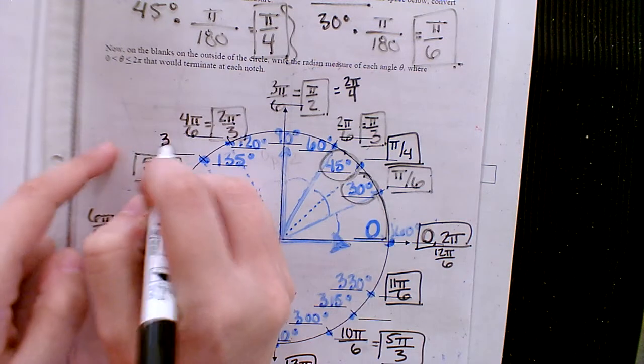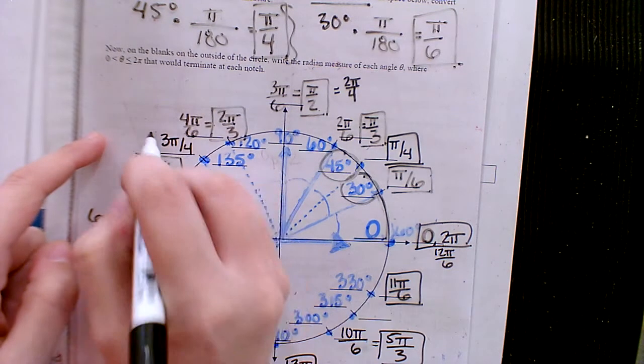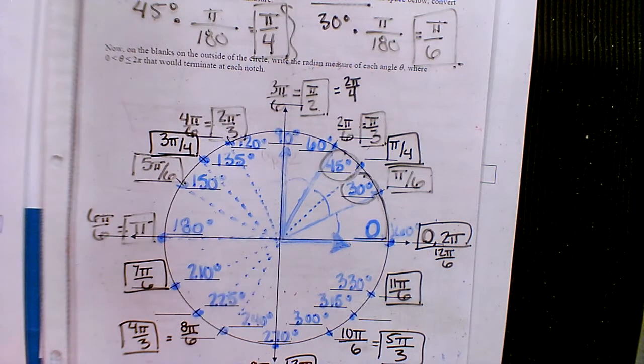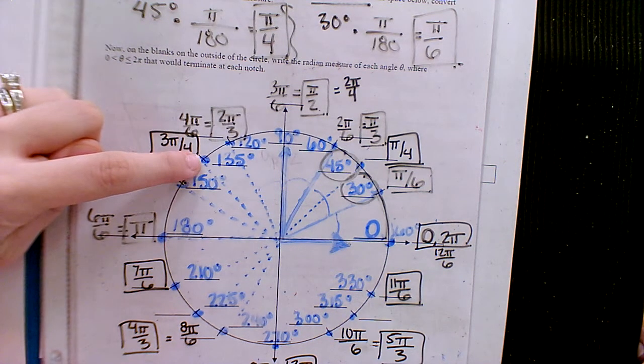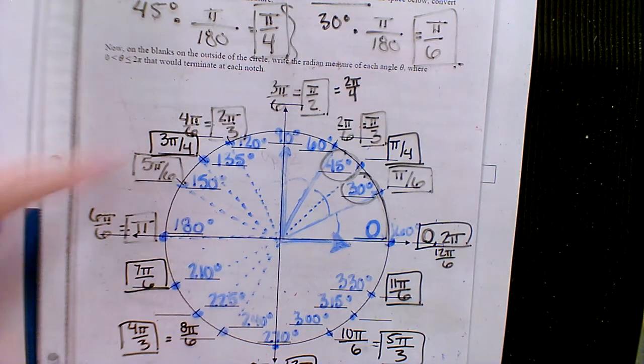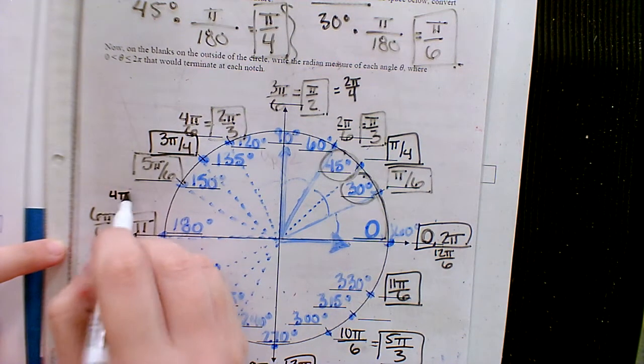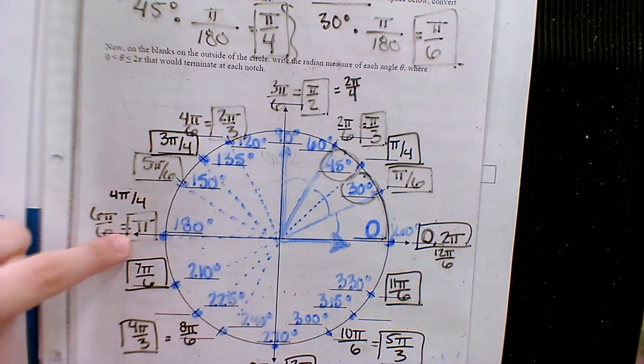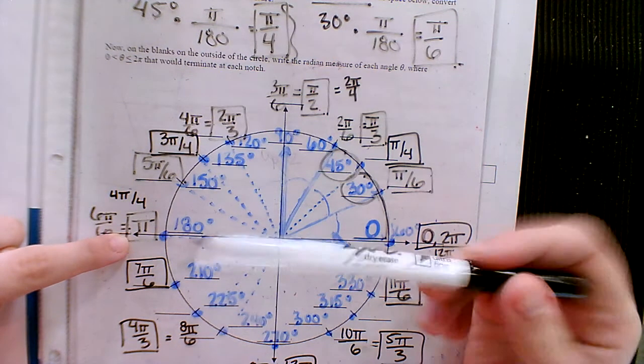So another pi over 4 would bring us to 3 pi over 4. Another 45 degrees, we would be at 180, and another pi over 4 would bring us to 4 pi over 4, but isn't that the same as pi? Okay, so it's checking out so far.